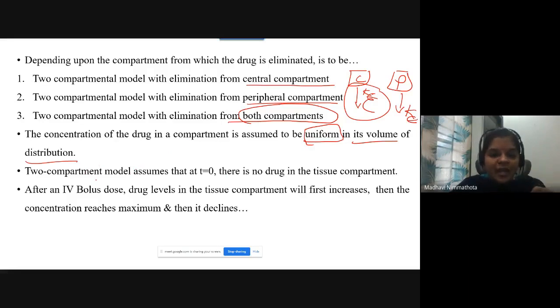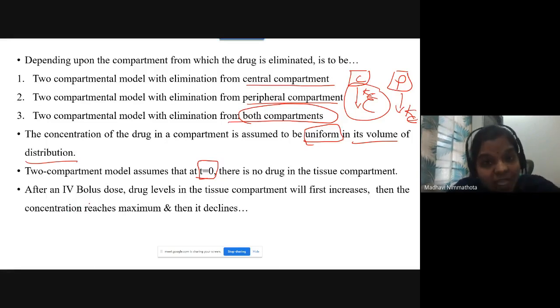In that case, the two compartmental open model assumes that at t equals 0 there is no drug in the tissue compartment. Initially, the tissue compartments are empty, there is no drug concentration in them. So at that time, t is 0. Before an IV bolus dose, we don't have any concentration of drug in our central compartment.